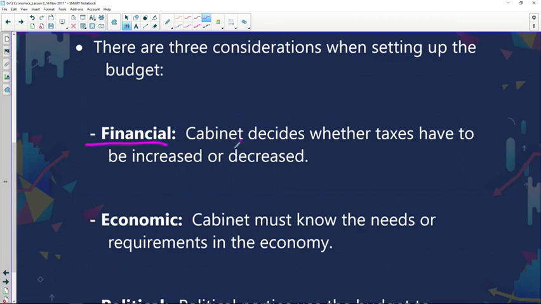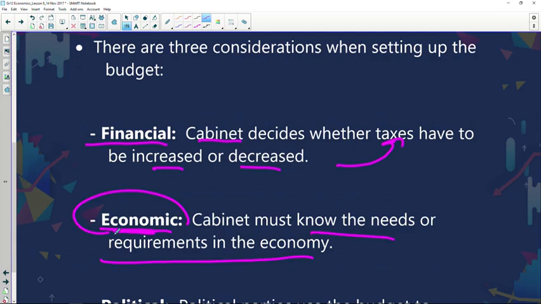So Cabinet will decide whether to increase or decrease the taxes. And then there is also an economic consideration. Cabinet must know the needs or requirements in the economy. It's important because this is more economic.